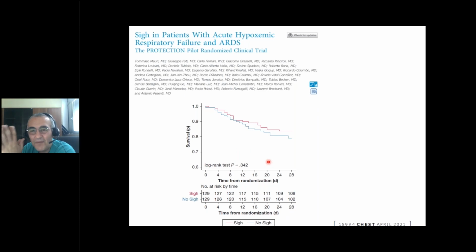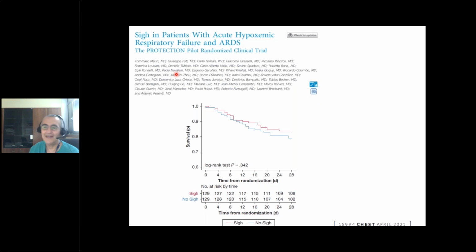We can apply Sigh also during pressure support, and we have done it for many years. I'm sure many of you believe that it can be dangerous. We just concluded an international multi-center study on the feasibility of Sigh in patients with ARDS during partial ventilatory support, pressure support.